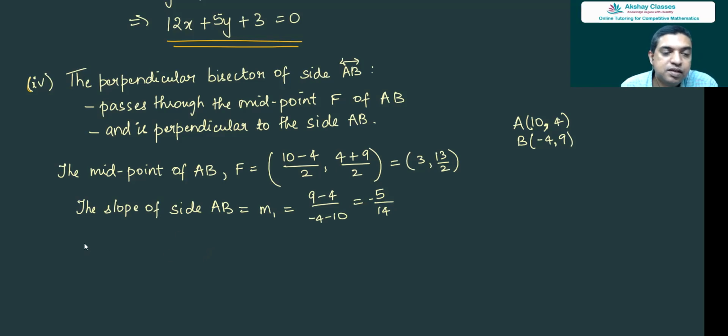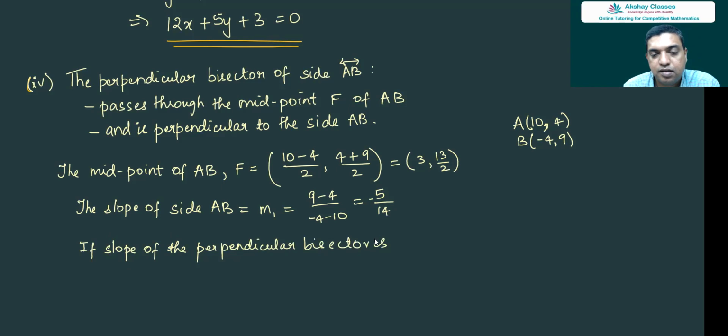So if slope of the perpendicular bisector is M2, then M1 M2 is equal to minus 1, which implies M2 is minus 1 upon M1, which will be 14 upon 5.